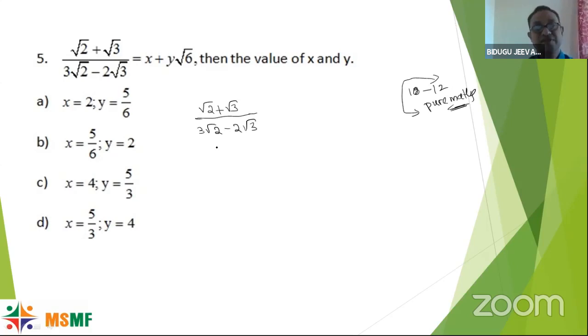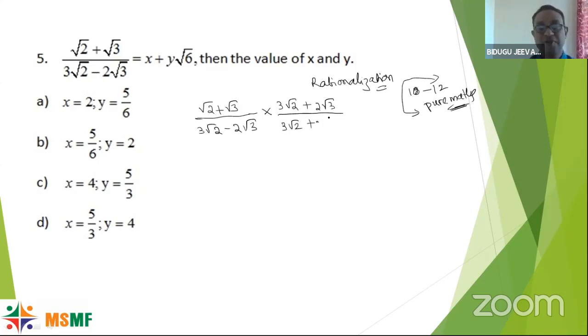What to do to simplify? We need to rationalize. Rationalization means making the denominator rational. Multiply by 3 root 2 plus 2 root 3 upon 3 root 2 plus 2 root 3.